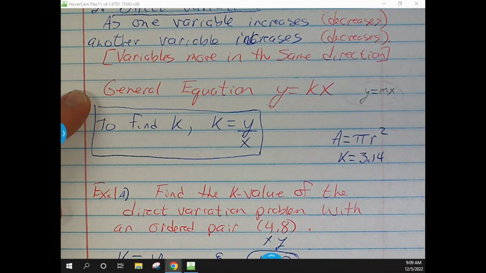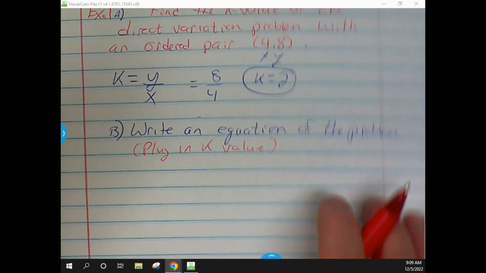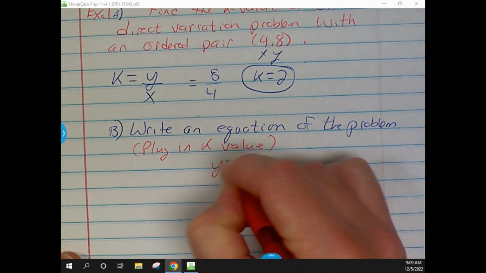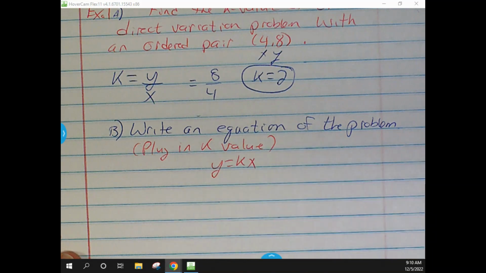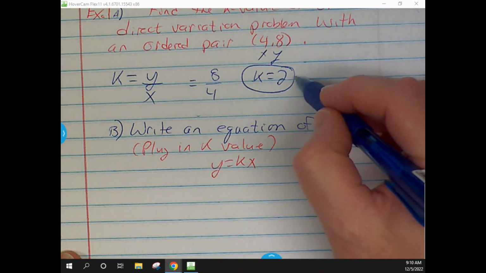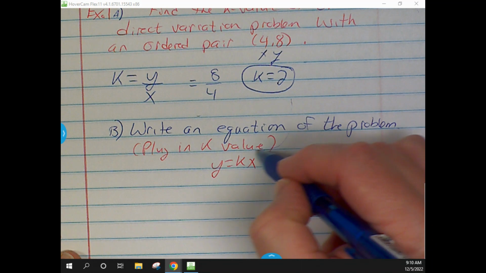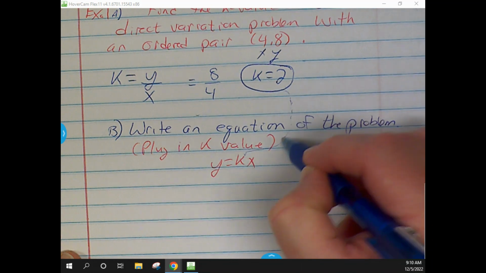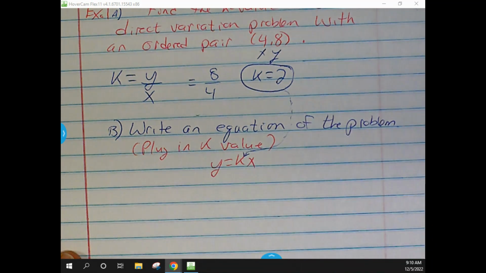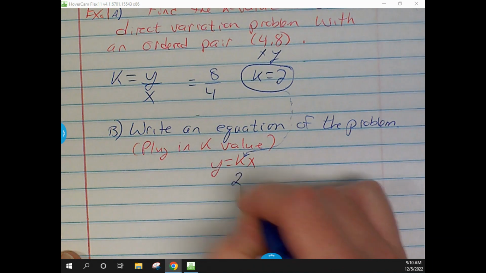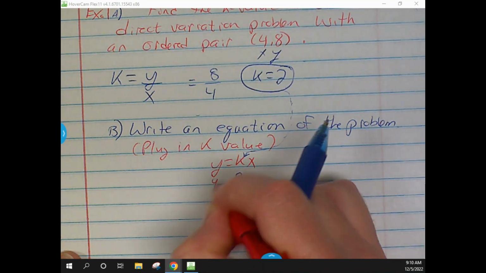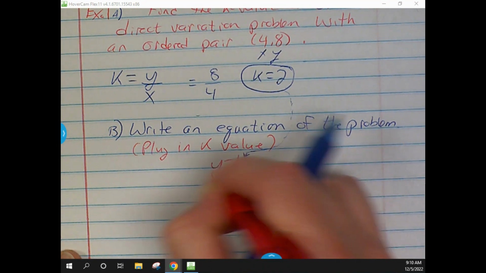Because again, any kind of direct variation, the general equation is always y equals kx. But we know that k value is 2. So basically you take that k value of 2, and just plug it back in for your k. So y would equal 2x.